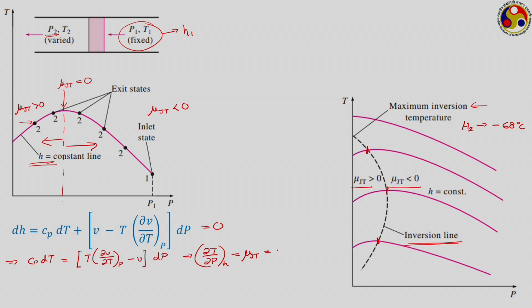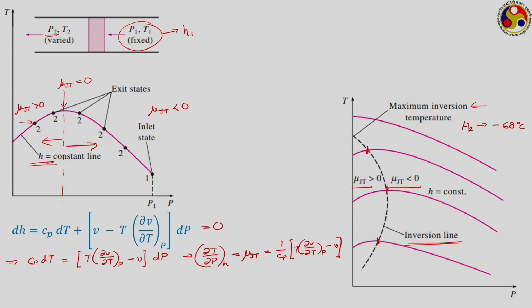This becomes equal to 1 upon Cp into [T into (∂V/∂T) at P minus V]. So, this way we can easily calculate the value of Joule-Thomson coefficient again from the knowledge of the PVT characteristic and the value of Cp for a given situation.